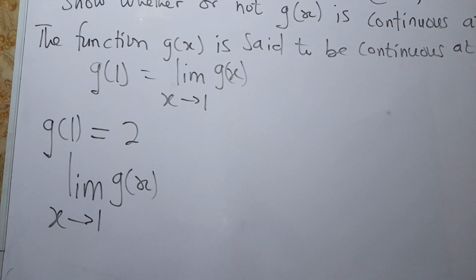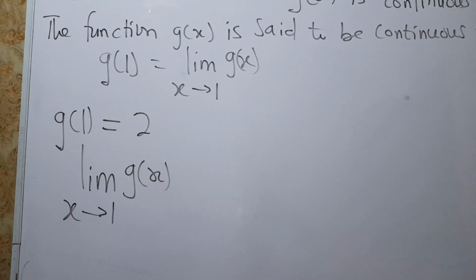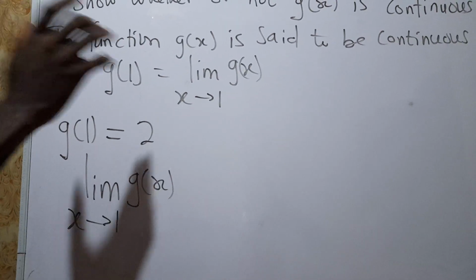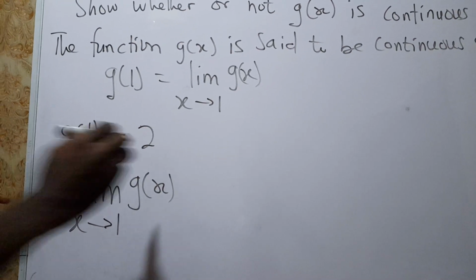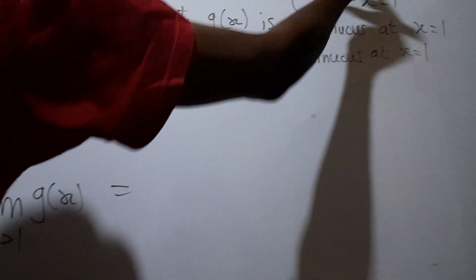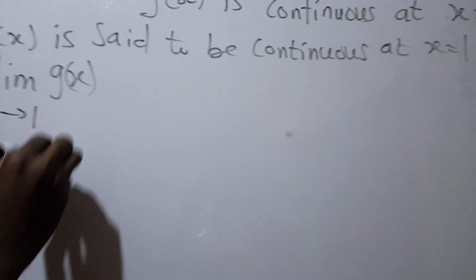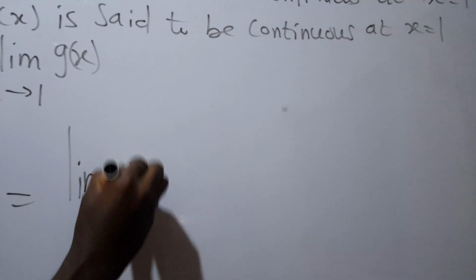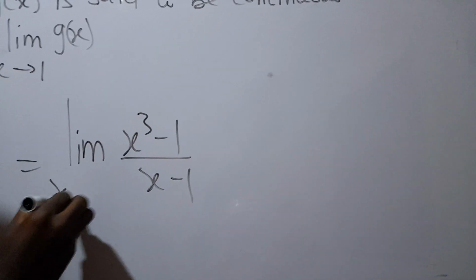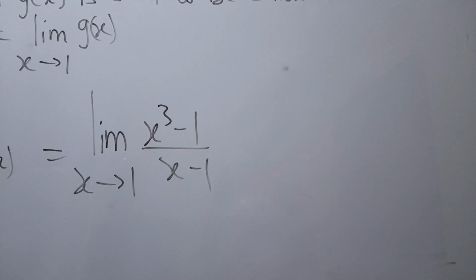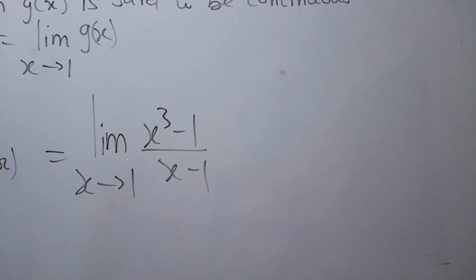When x approaches 1, it's either approaching it from the left or from the right, so it will not be equal to 1. Then we take g of x as x cubed minus 1 over x minus 1. So we have the limit of x cubed minus 1 over x minus 1 where x approaches 1. Now when we substitute 1 here, you see that we are going to get 0 over 0.